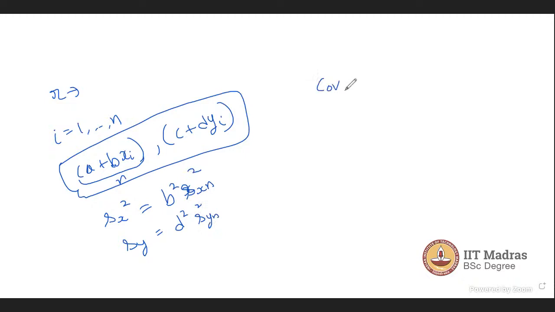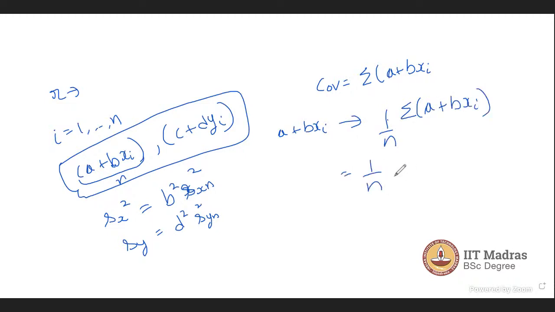And for covariance, let me do it a bit generally. If you take the mean of a plus b xi, it will be the summation of a, which is n times a, plus b times summation xi.